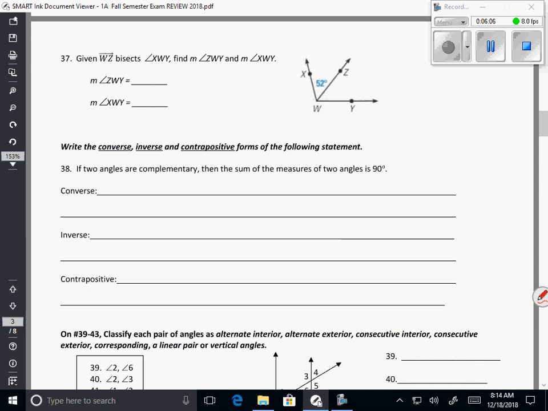If it bisects it, that means it cuts it in half. That means this is also 52 degrees, whether it's drawn to scale or not. So ZWY would also be 52, and then the whole thing is XWY, which would have to be 104.